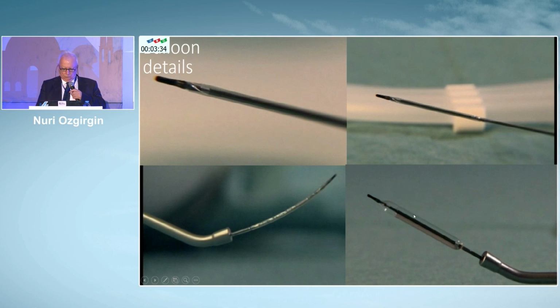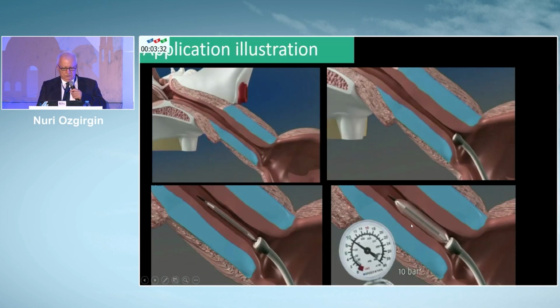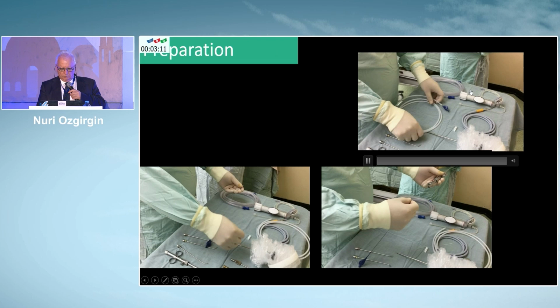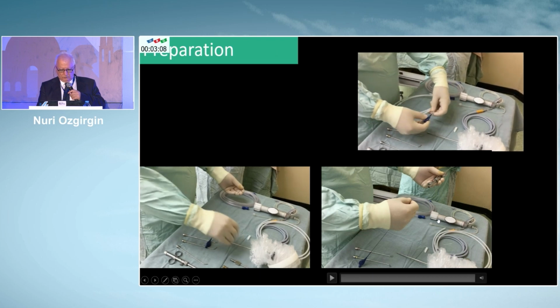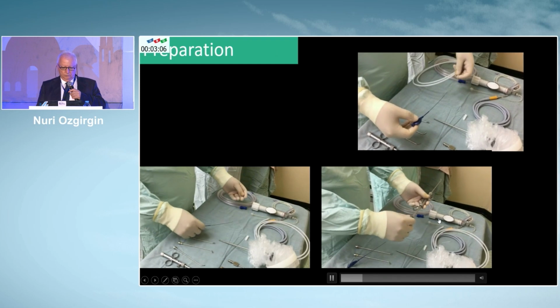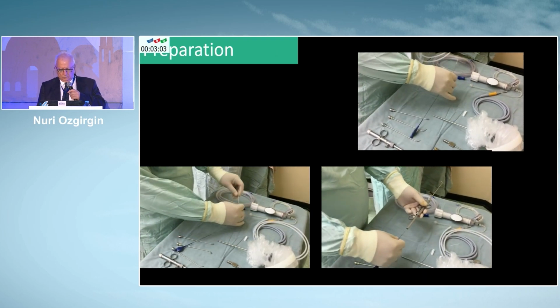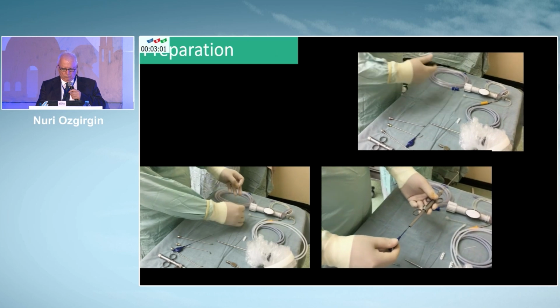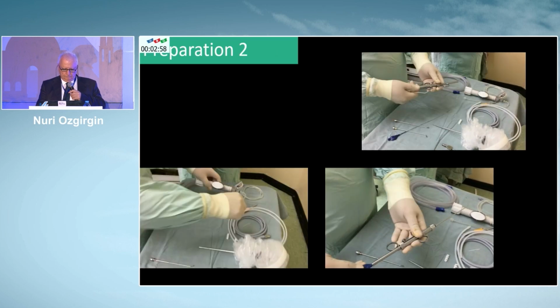When inflated with water, it reaches the cartilaginous portion of the Eustachian tube, and with 10 bar pressure for 2 minutes, the cartilaginous part is dilated. Here I'm showing 3 of them being prepared for this procedure.